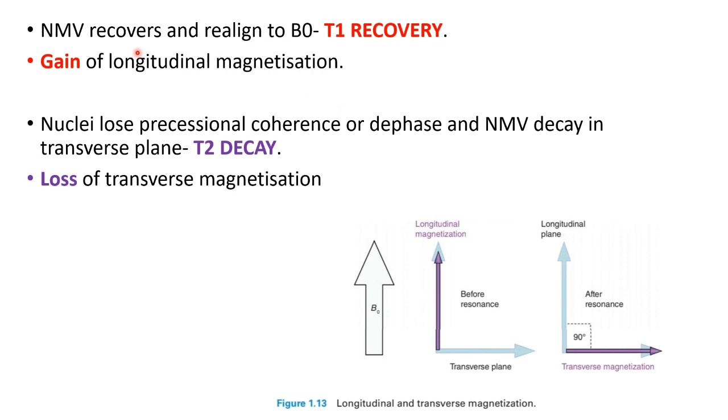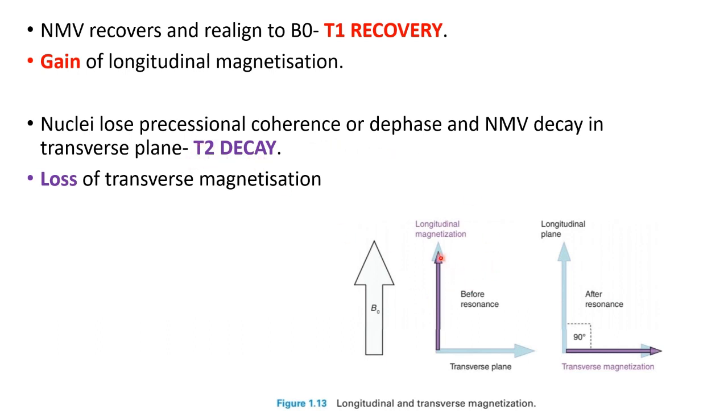So when the net magnetic vector recovers and aligns along the original longitudinal magnetic field, it's called T1 recovery. So it is the gaining of the longitudinal magnetic field. When nuclei lose precession and dephase, it's called T2 decay.